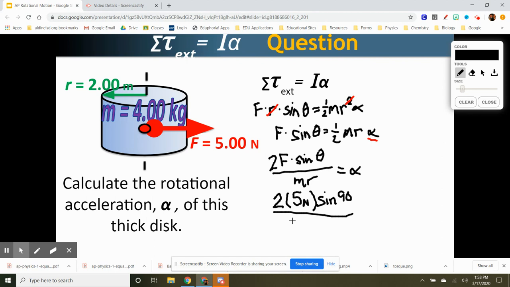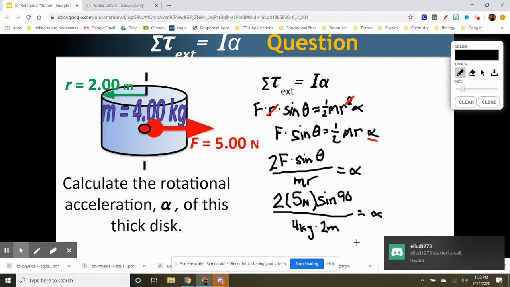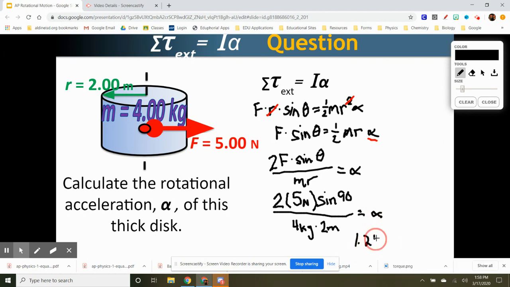And then the mass times the radius, which was 2 meters. And then that'll give you, when you do the math, 1.25 radians per second squared.